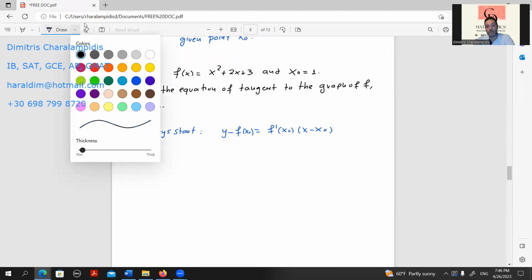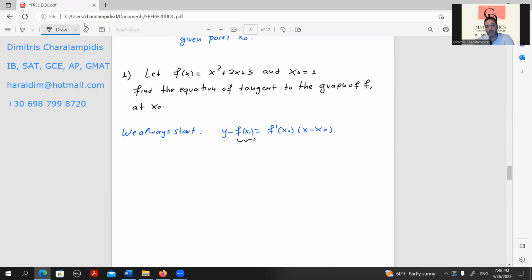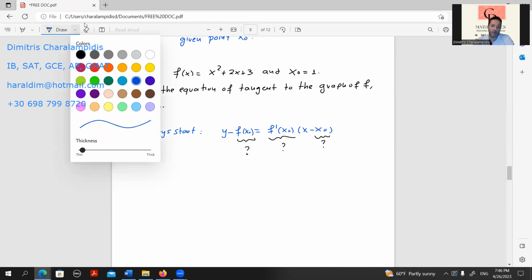In this equation, there are three things that should be found by us. These are the value of f of x0, the value of f prime of x0, and the value of x0 itself. Let's start with the easiest one.